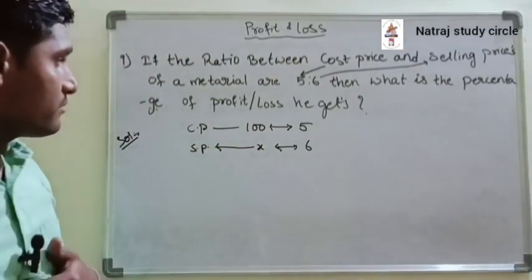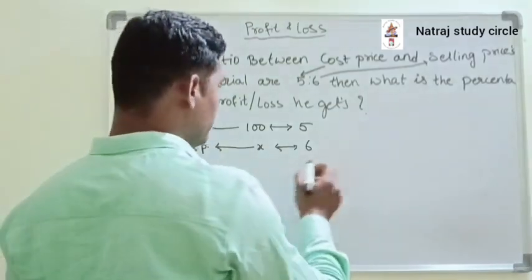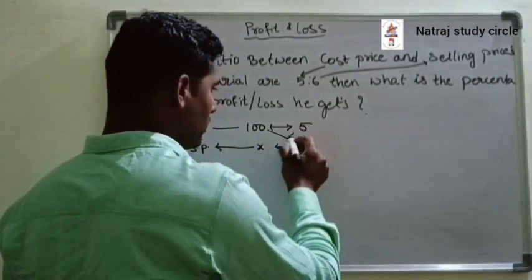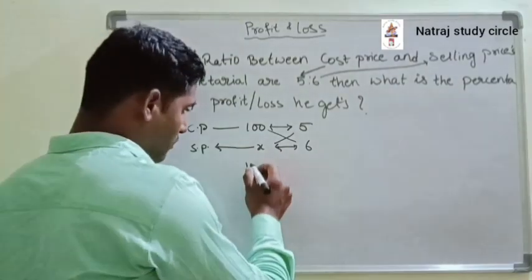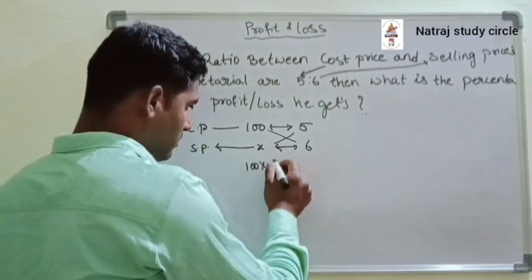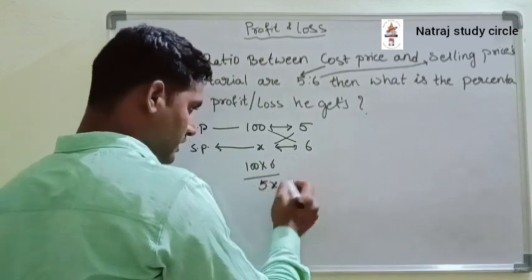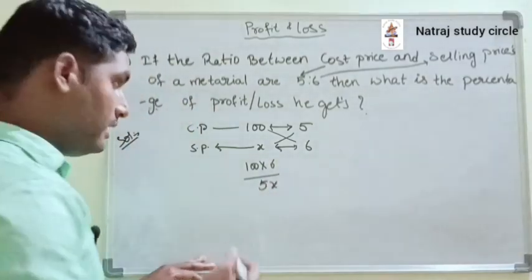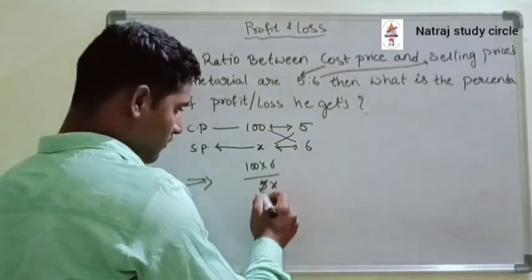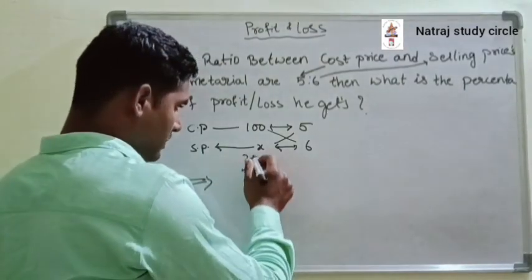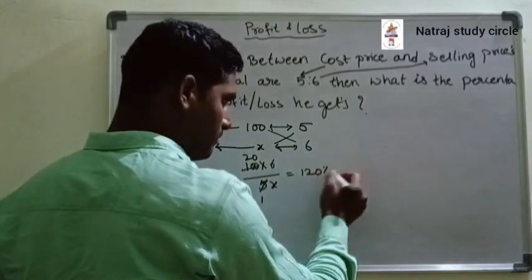So here what can we do? We can cross multiply it. Here 100 into 6 by 5 into X. Taking 5 ones, 5 twenties, 6 twenties are 120%.